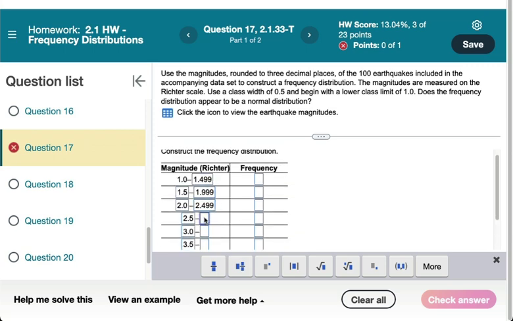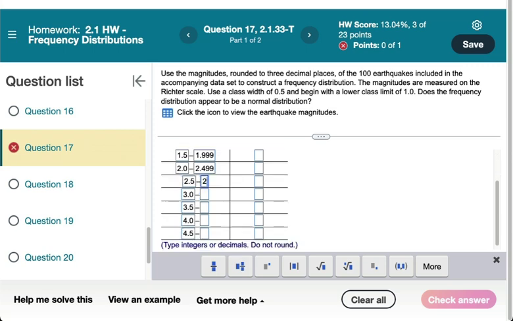And then 2.5 to 3, sorry, not 3, but 2.999. And then 3, instead of going up from 3, we don't want to stop at 3.5. We want to stop at 3.499.